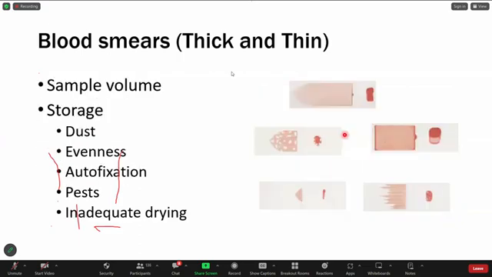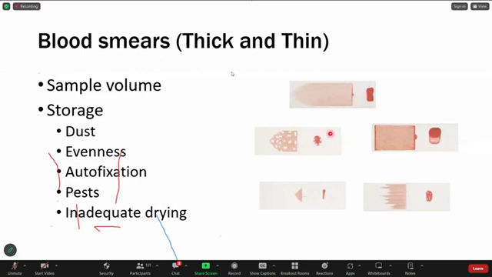Then again, when we are making smears, we should also consider the sample volume, how much volume is required for a thick film and how much volume is required for a thin film. Like this slide that I'm highlighting, the volume of the sample was too little, so the smears did not come out well.